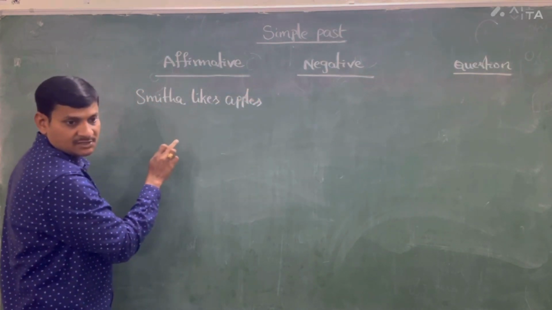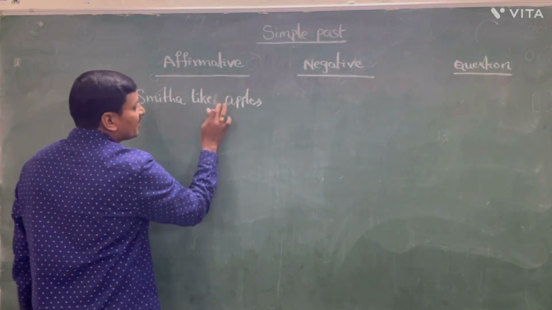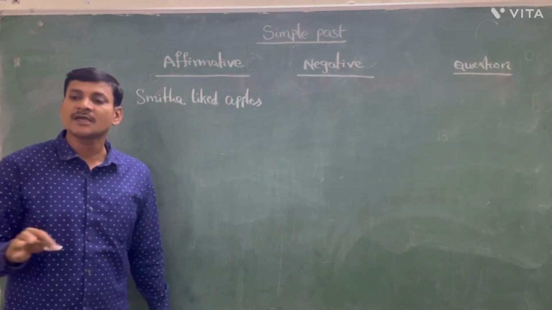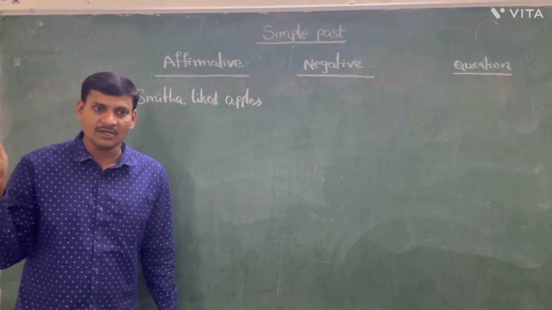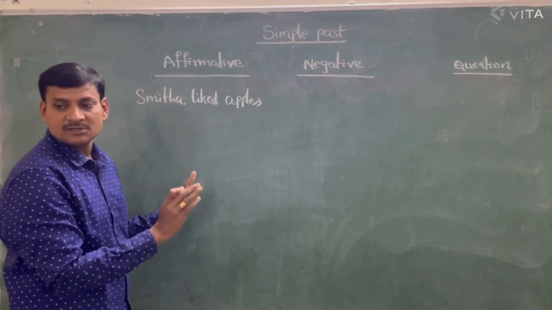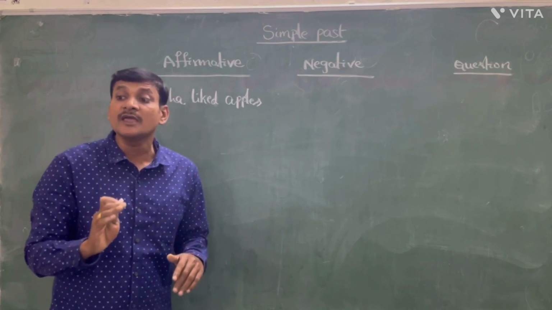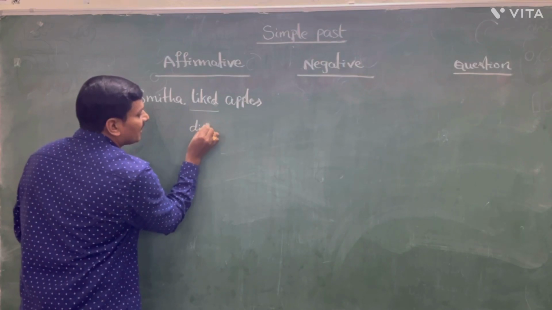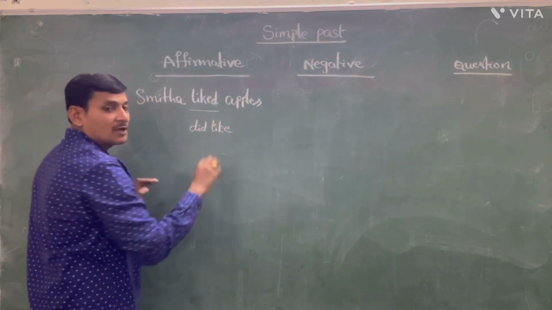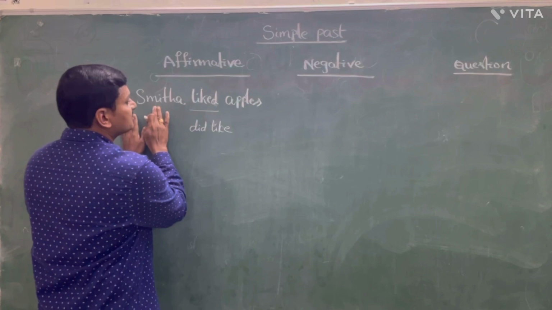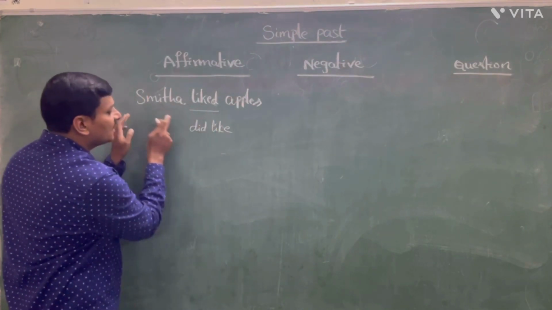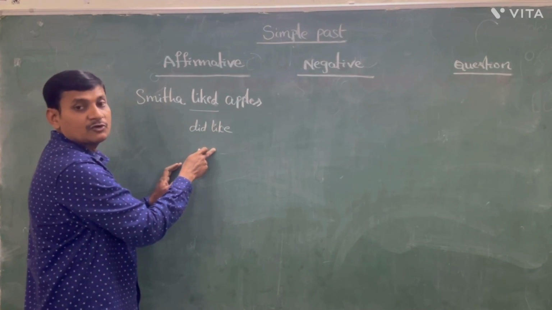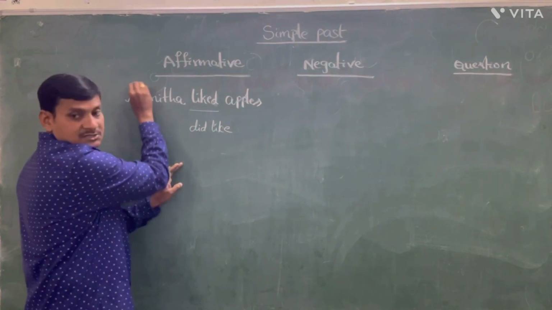This is in simple present, but the simple past is like: Smita liked apples. Smita liked apples means Smita did like apples. Both are same.